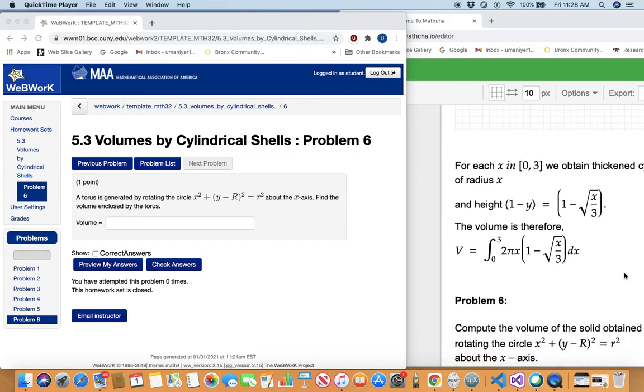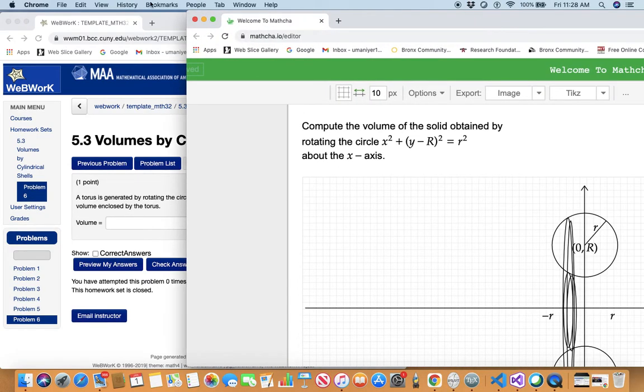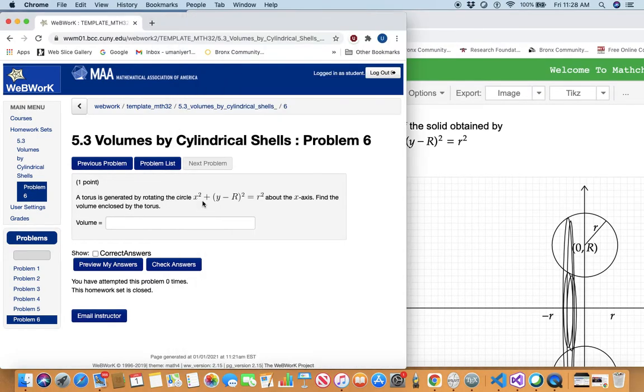So in other words, let's look at the picture. There you go. So that's your circle. Center is (0, capital R). Radius of the circle is little r. And you want to take this circle and rotate it about the x-axis.